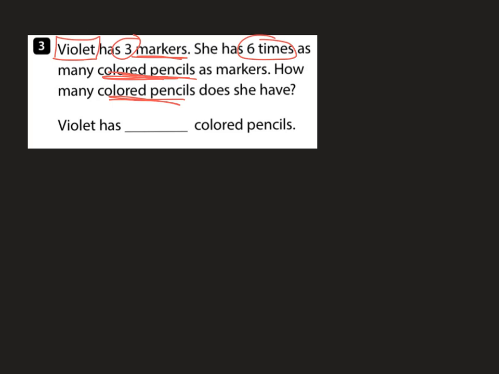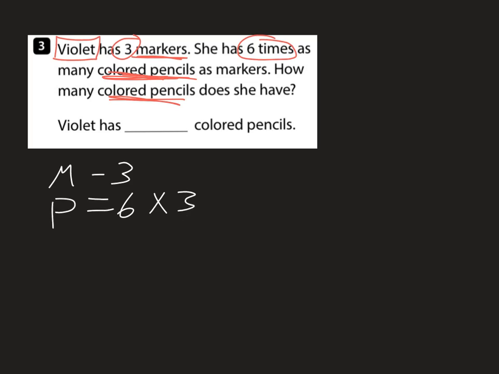All right, so this time there's just one person here, and we know her name is Violet. So I'm going to put M for markers. Violet has 3 markers, and she has 6 times as many colored pencils. So I'm going to put P for pencils, and it is 6 times as many as 3.